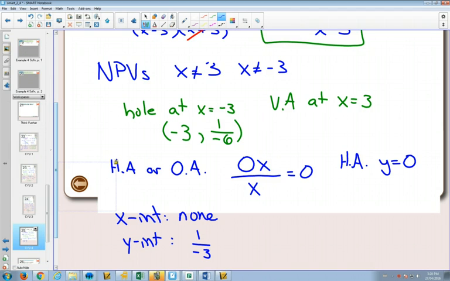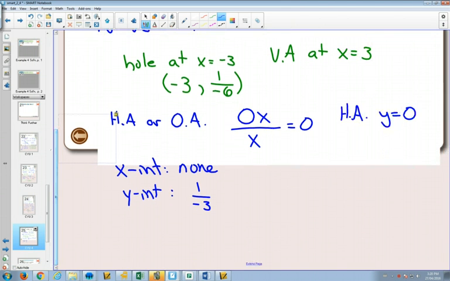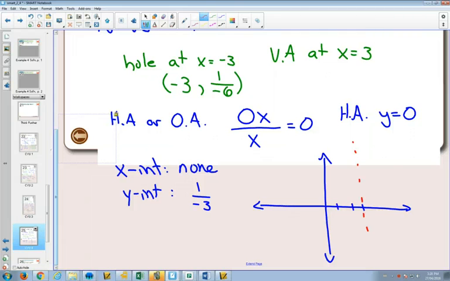So now that we have all of our information about all of our asymptotes and our intercepts, we can start by graphing this. We have a vertical asymptote at x equals 3. We have a horizontal asymptote at y equals 0.